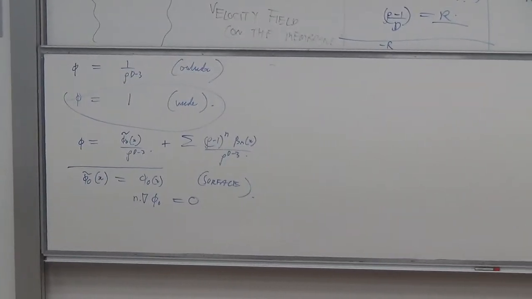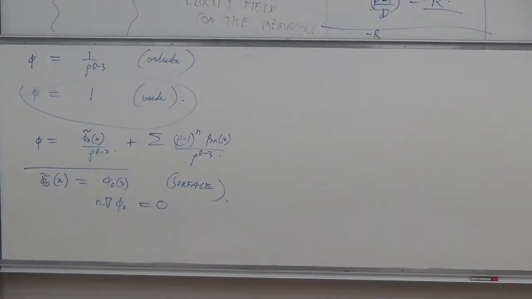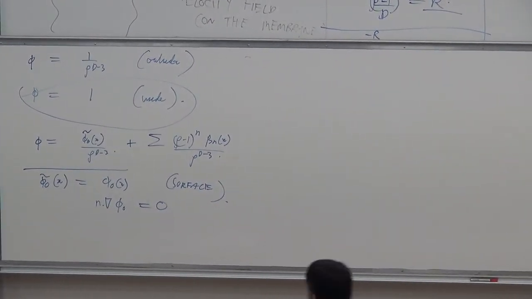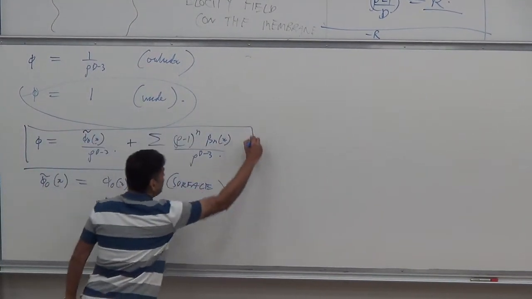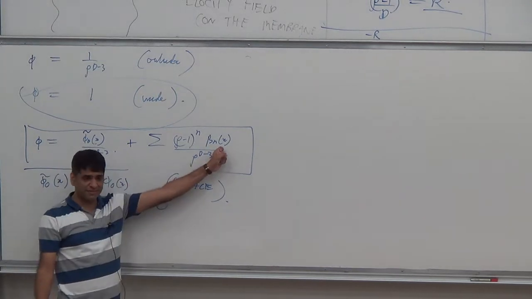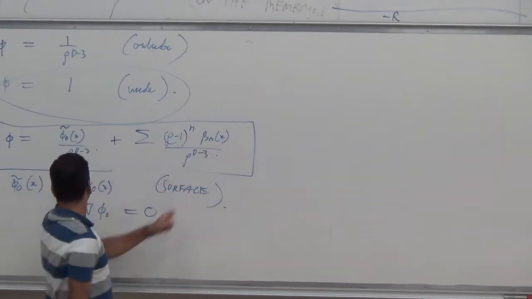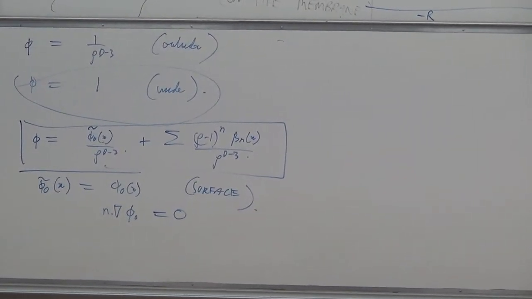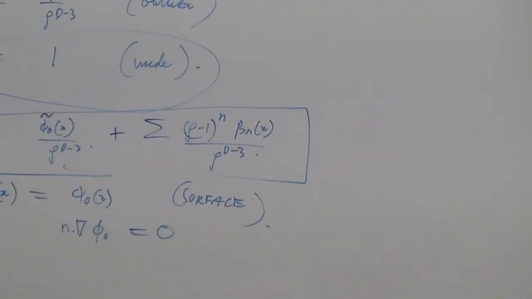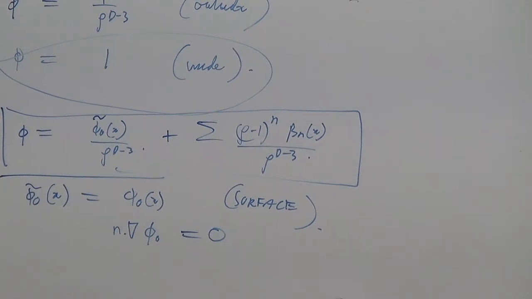Rho minus 1 is a measure of how far you are away from the membrane. And in the large D limit, you can effectively solve for each of these beta n of x's in terms of phi naught of x in a 1 over d expansion. I'm going to show you the lowest order of this expansion and then just indicate how it works.